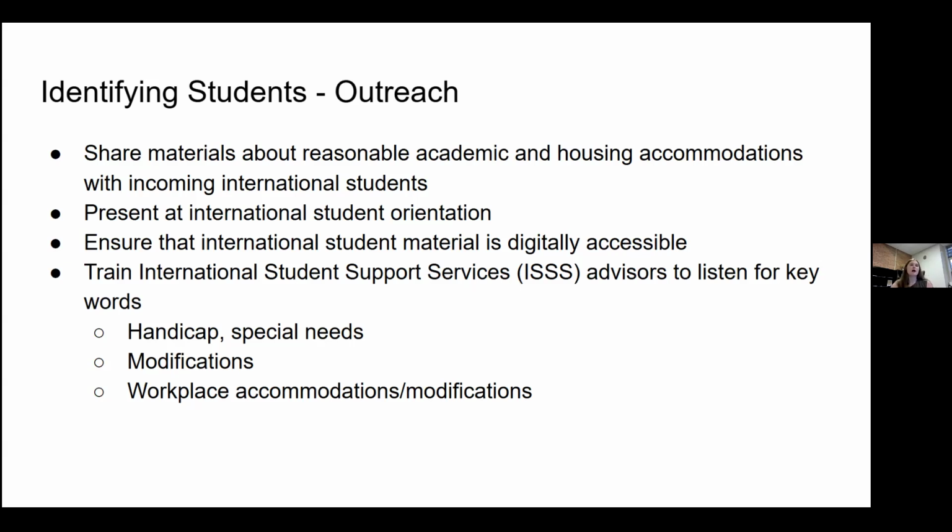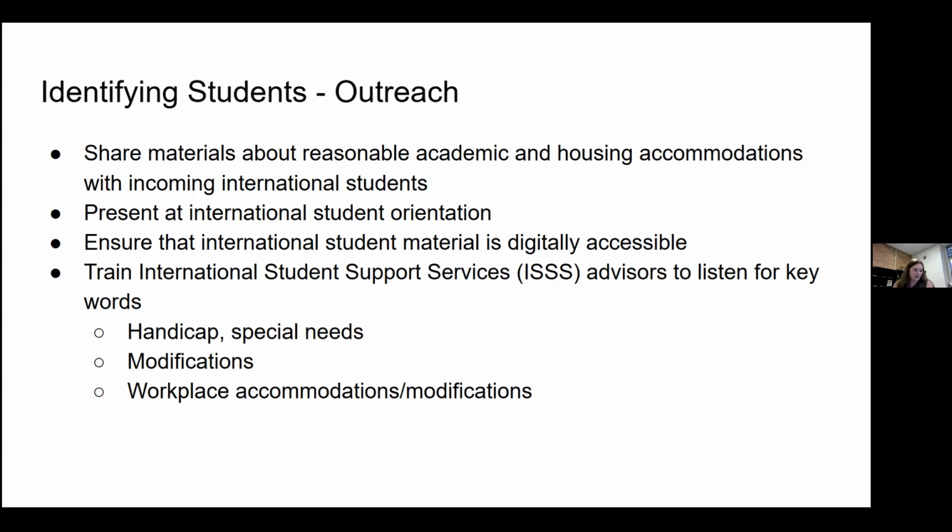I work with the advisors on listening for "handicap" or "special needs." Those are words that are used around the world. Here we might use more of "accessible" or "disabled," but universally most people are going to understand what you mean by "handicap." Another word that people use is "modifications," whereas here in the United States, we use "accommodations."